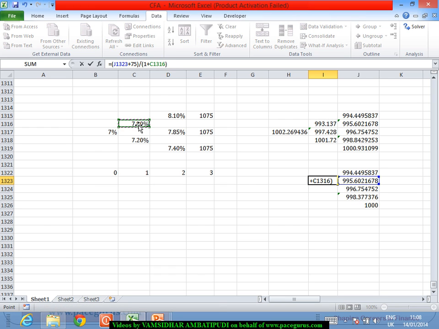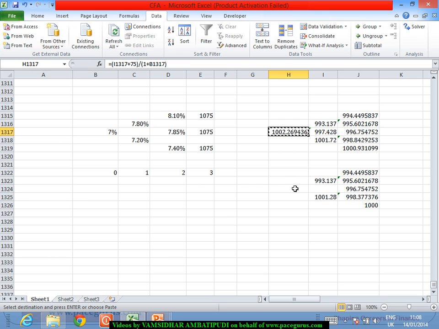This is going to be 993, and the same thing if I am doing it here, this is going to be around 1021. A small difference, 101.28, here it is 101.72.